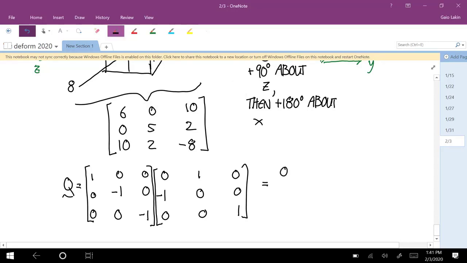You get 0, 1, 0, 1, 0, 0, 0, 0, negative 1.